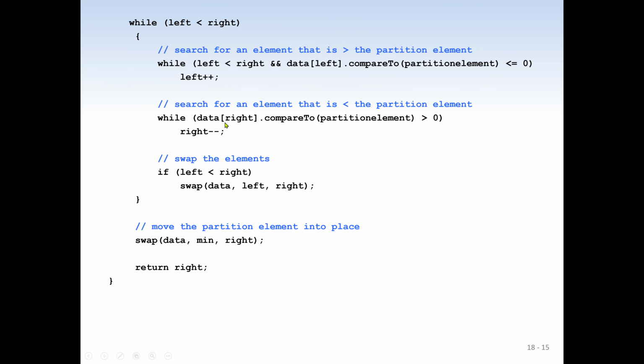So here we say while data[right].compareTo(partition element) is greater than 0, then we decrement the right side. Next we swap the elements. If left is less than right, then we swap data[left] and data[right]. And then we move the partition element into place. So we swap again, data[min] and data[right], and then return right.